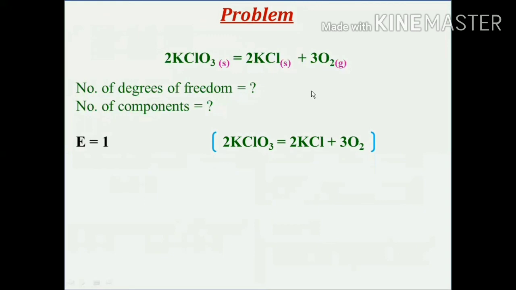Now just try to imagine, let's say water is present in the system. Let us change this problem a little bit. If water is present in the system, you can think of one more possibility, that the KCl comes to be in the aqueous state. It can move into the aqueous state because all these three components are present in the beaker and are free to mingle with each other.